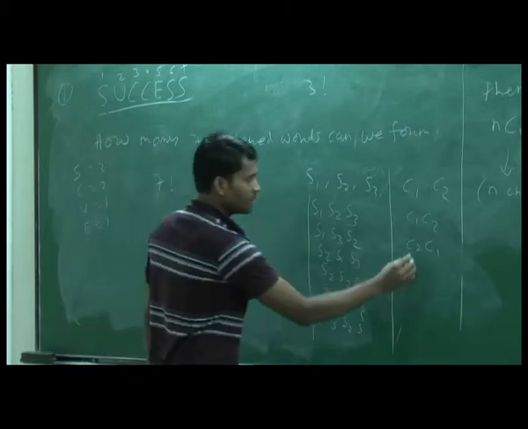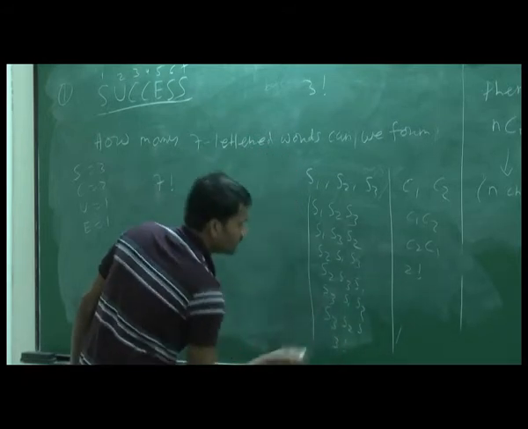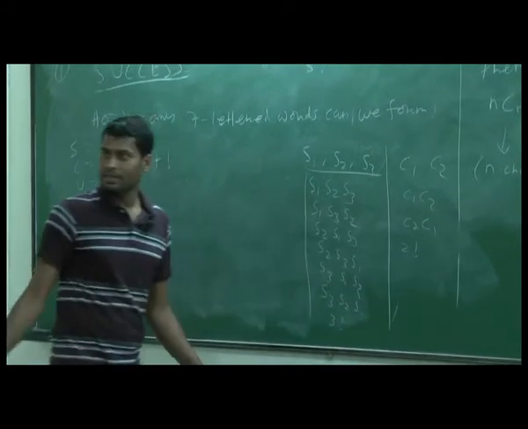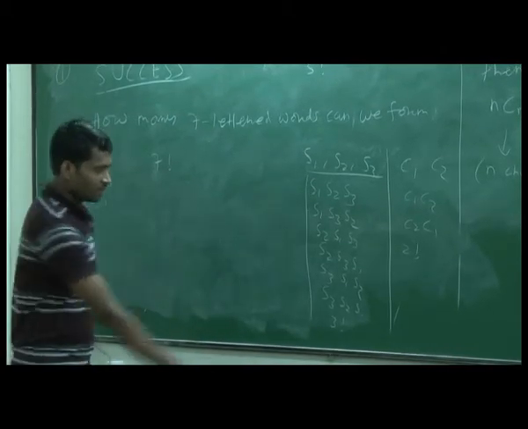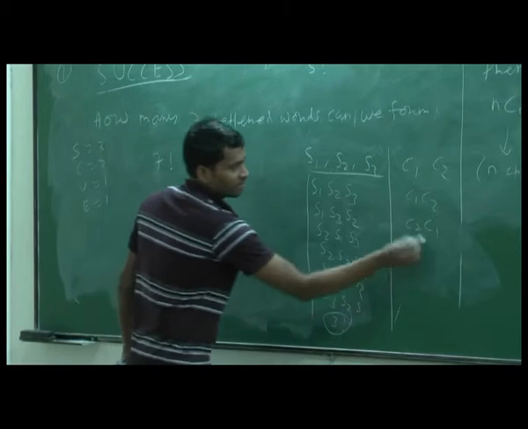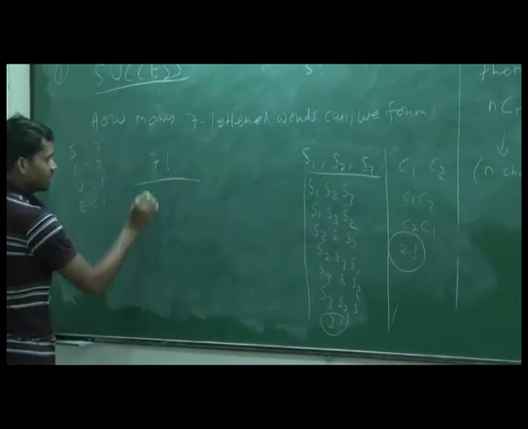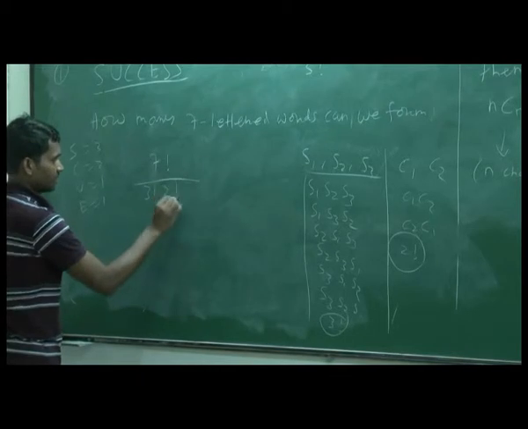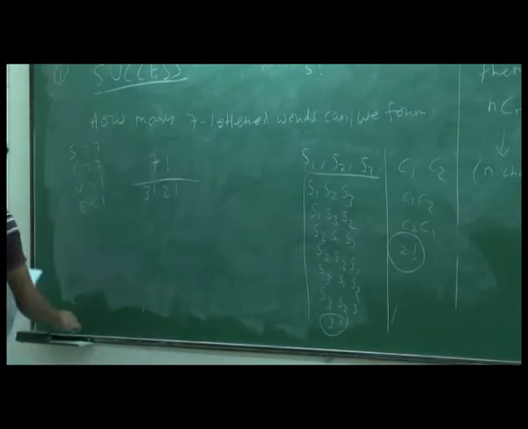So this will be done in 2 factorial ways, and the S in 3 factorial ways because there are 3 things. Are everybody following or not? Yes, sir. So we have to divide by these 2 things, 3 factorial into 2 factorial. So the number of ways will be like this.